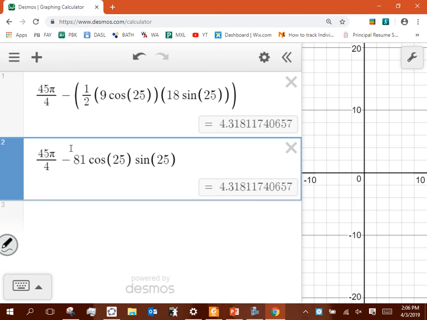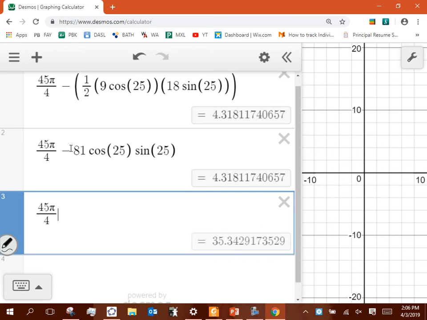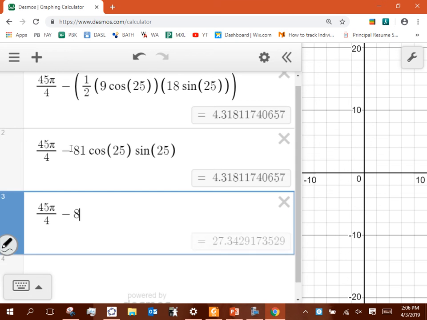Show you something that maybe you'll recognize in a couple years. I think it's always important to visualize where we're going with this stuff. We could actually write this as minus, okay, so that's going to be 81 over 2, so let's write it as 81 over 2, and now I can write sine of 50.